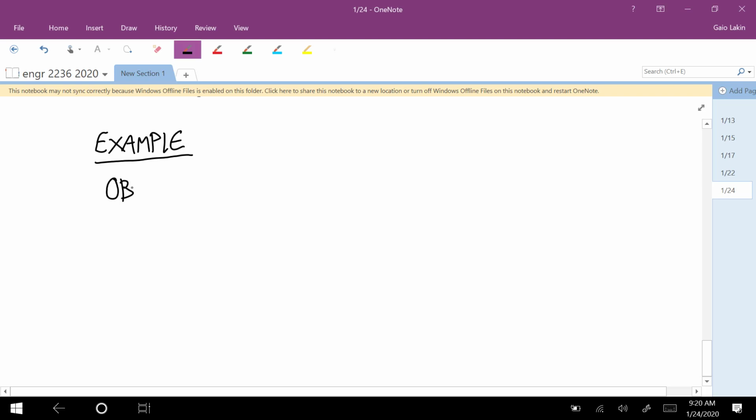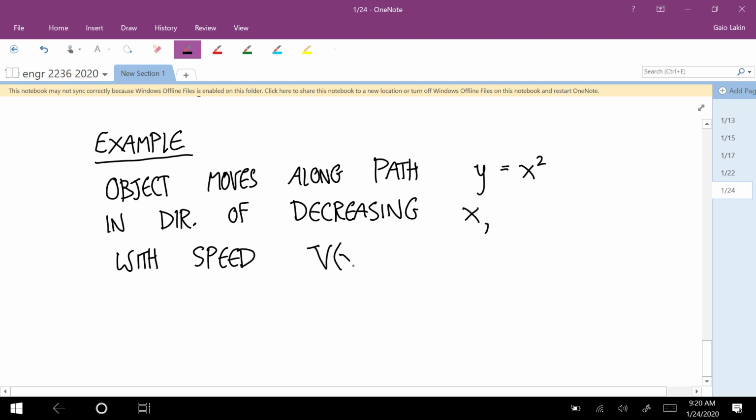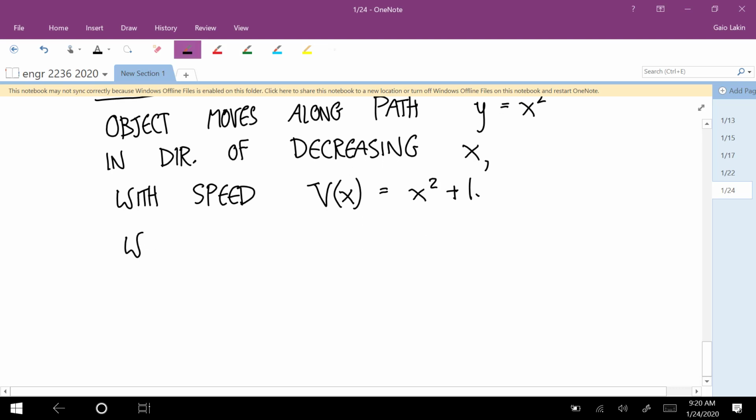So let's say an object moves along a path y equals x squared in the direction of decreasing x, with a speed that changes as the thing moves along the x-axis, and the function is x squared plus 1. We want to know what's the acceleration as a function of x.